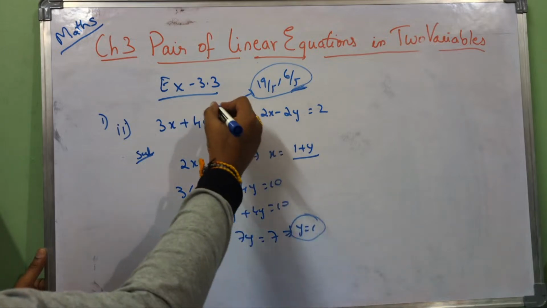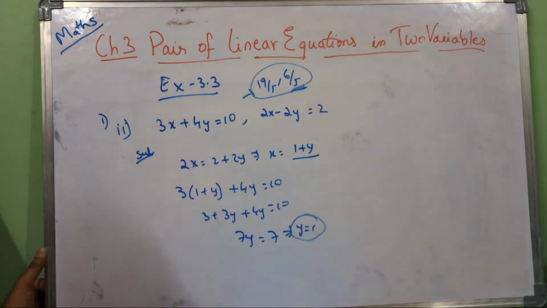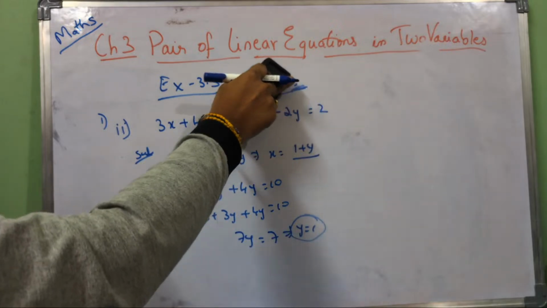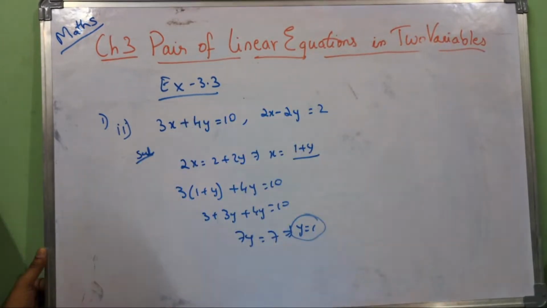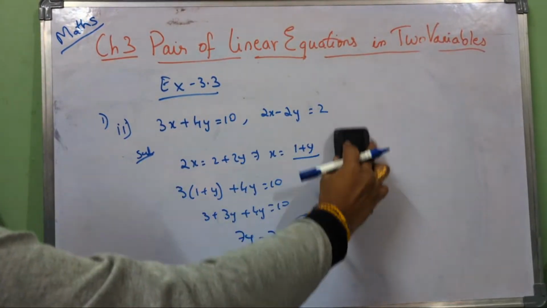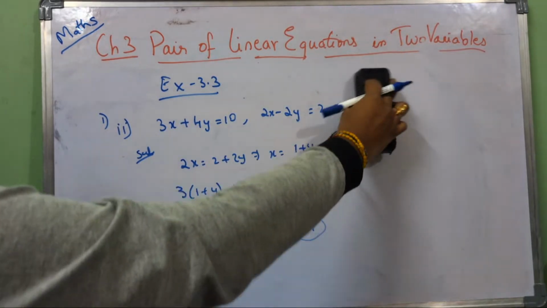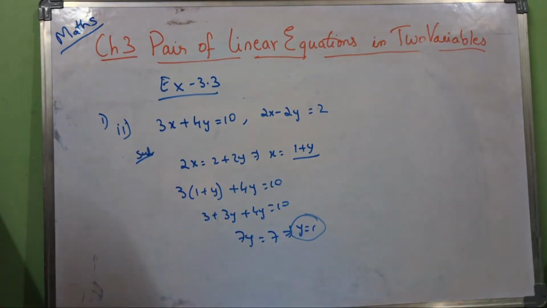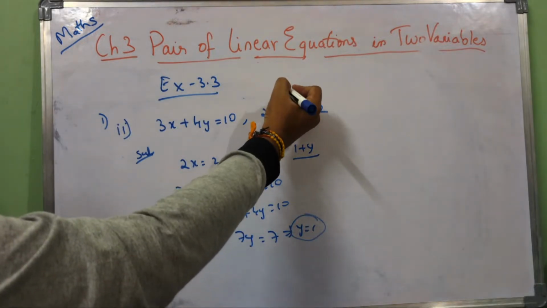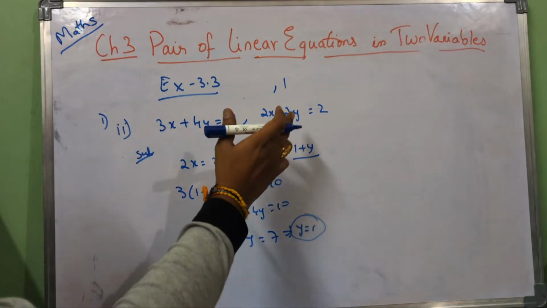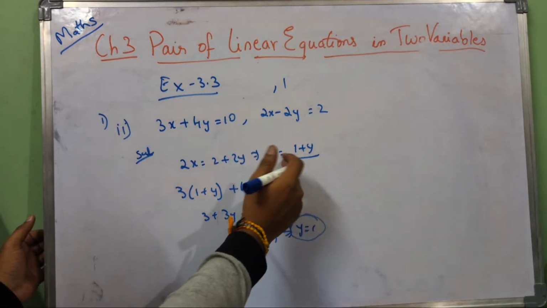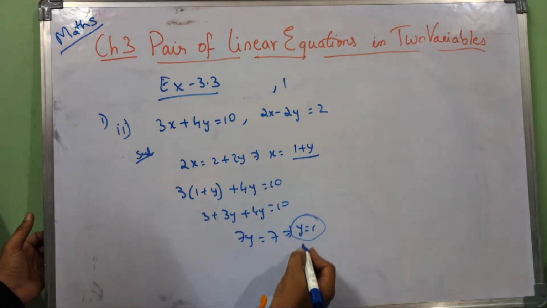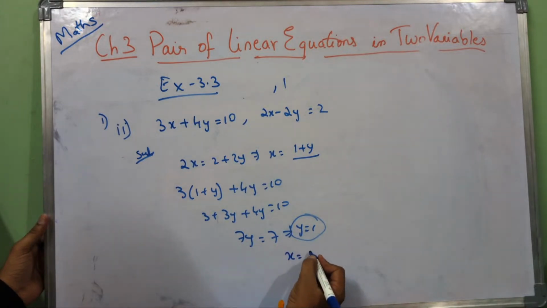We got one value which is 1. Substitute the y value in the second equation, or simply this equation itself, that is x equal to 1 plus y, so x value is 2.